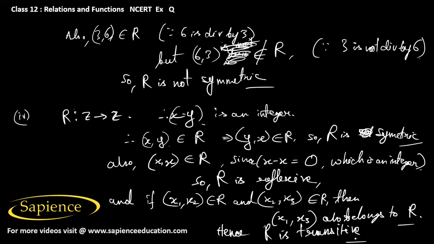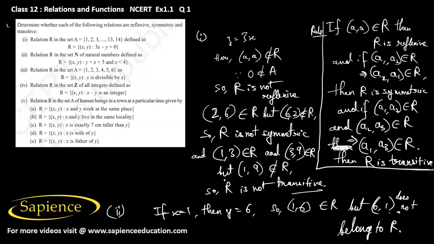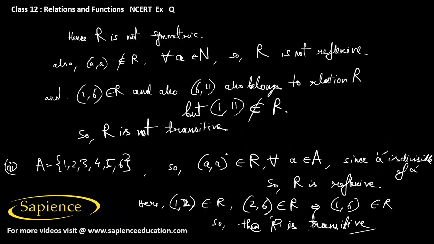So here in the fourth one, the relation is reflexive, transitive, and symmetric. So in the fourth one, this relation is an equivalence relation.